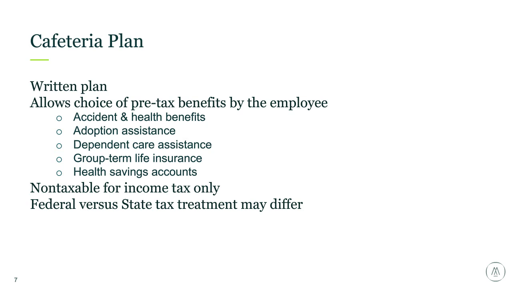So it's really important to know that we're talking at the federal level. This is pre-tax. It's great. At the state level, you'd have to actually go into your state details and see whether or not it's added back in for tax purposes there.